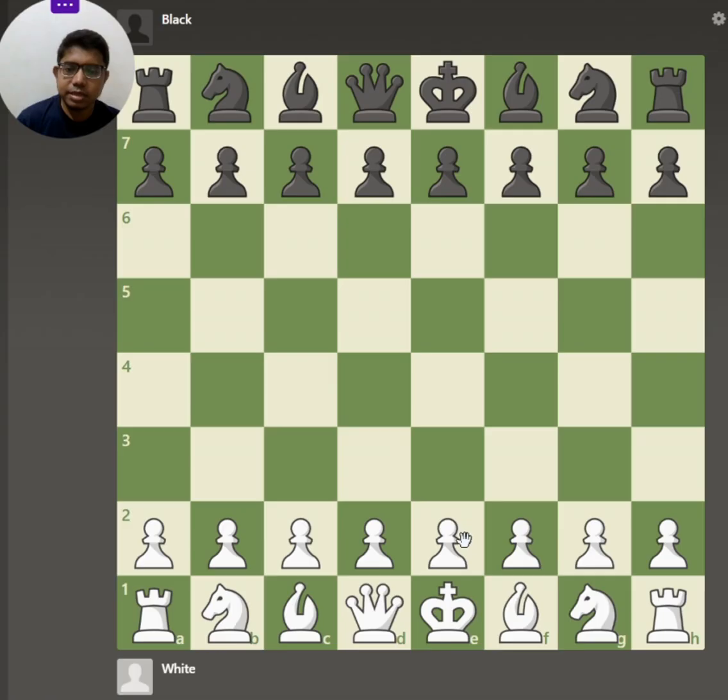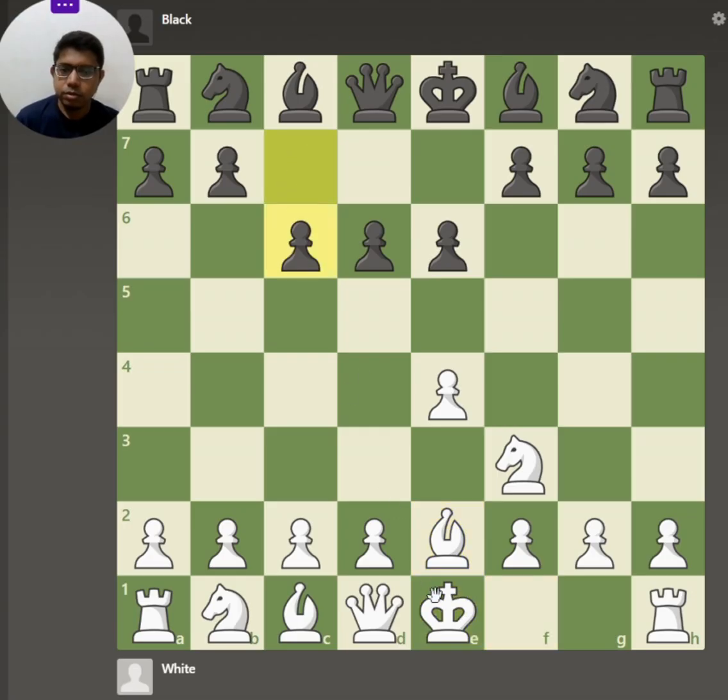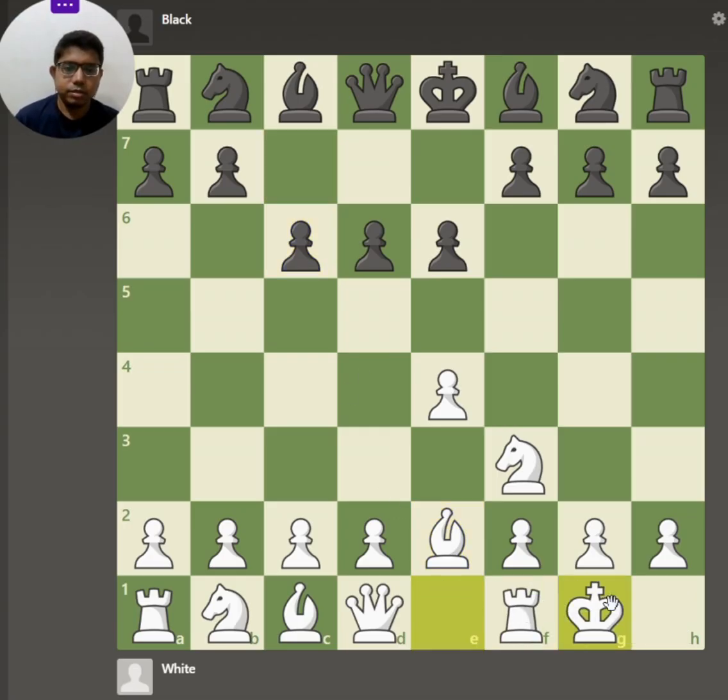And then I have another important thing, which is castling. Castling means king safety, and it is a move between king and rook, either way. For example, let's show it quickly. So now we can castle.